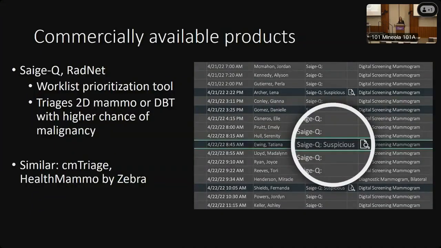And then one more type of product I want to talk about, which is workflow. Here, on your reading list, it'll tell you which mammograms are suspicious. So again, you might want to read those early in the day. You might want to have the resident look at them because these are good teaching cases. So this is sort of a triage workflow product.